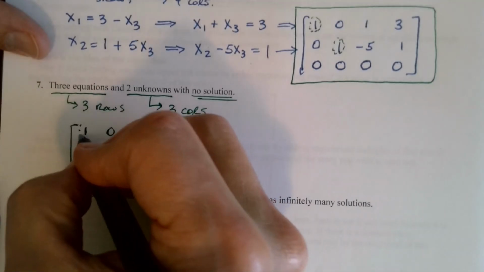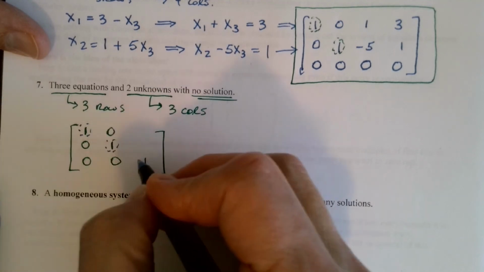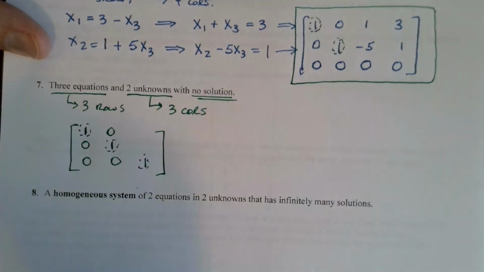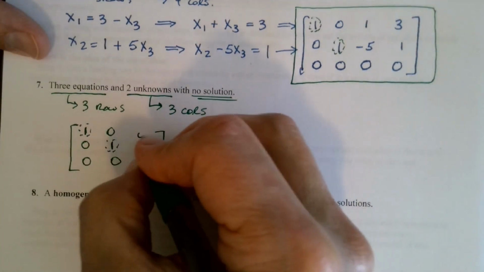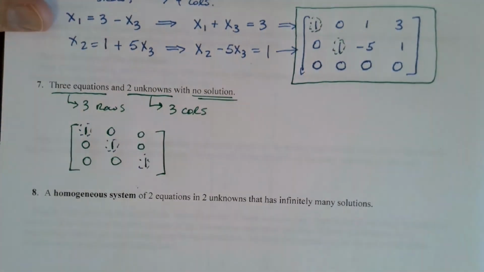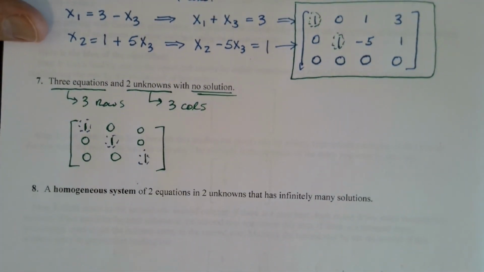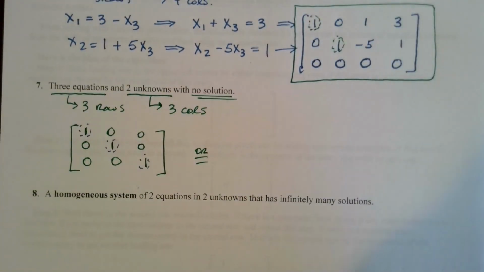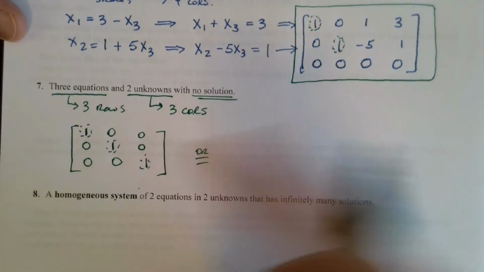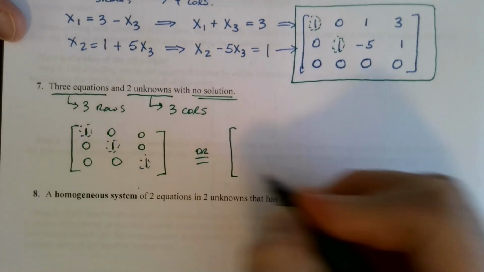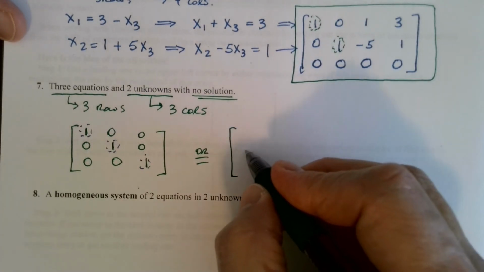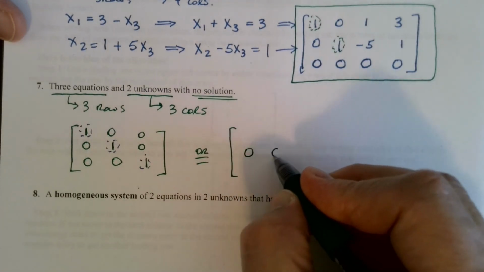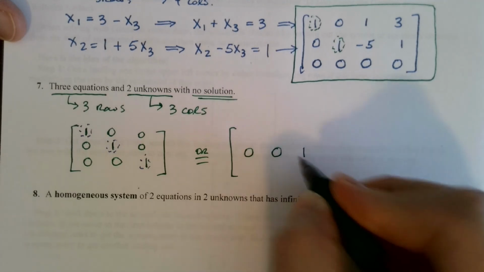So this is a leading one, this is a leading one, this is a leading one. So if it's a reduced form, these have to be zeros as well. So this is one possibility. Or here's another possibility. I'm asking for only a possible one, so this would be fine if you just wrote that. But I'm also going to look at this situation. I could have in the second row this 0 equals 1 situation.